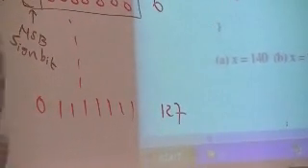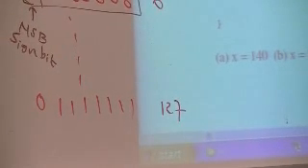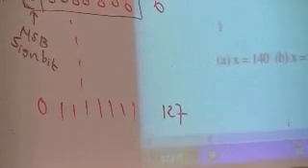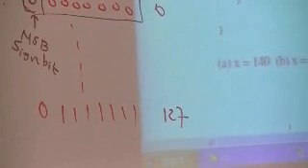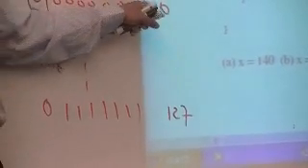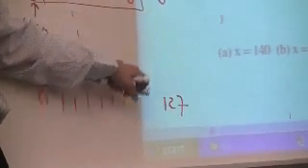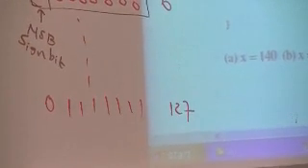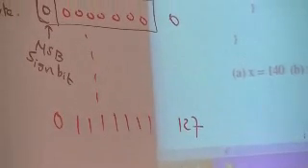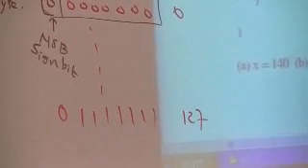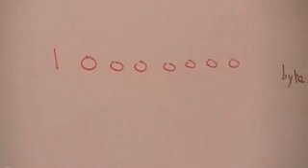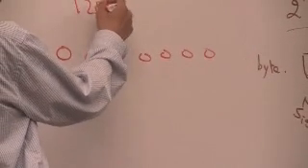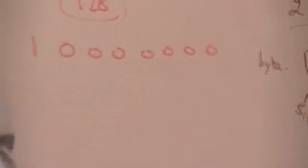Now, what happens if you keep adding 1? You can get from 0, then 1, 2, 3 up to 127. If you add another 1 to 127, what do you get? Overflow. It's an overflow, so you get something like this. This is 128 as an integer, but as a byte.